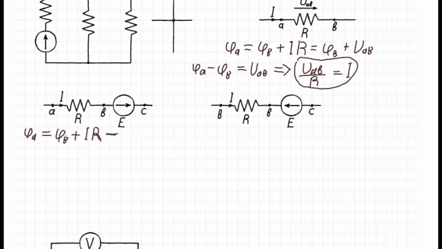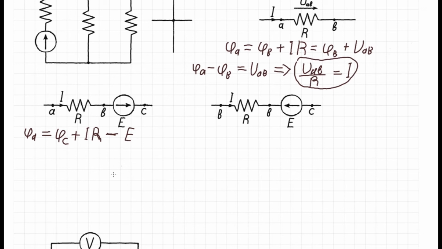Okay, not B, it is the arrow, sorry. Here it must be C, and subtract E from the potential at point C.